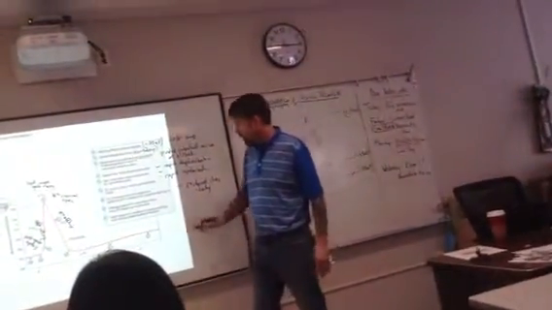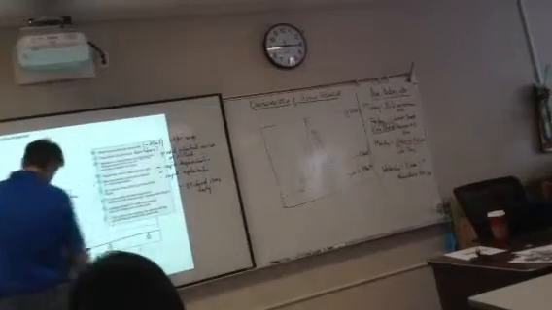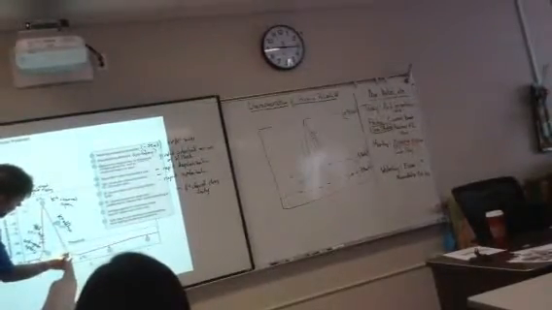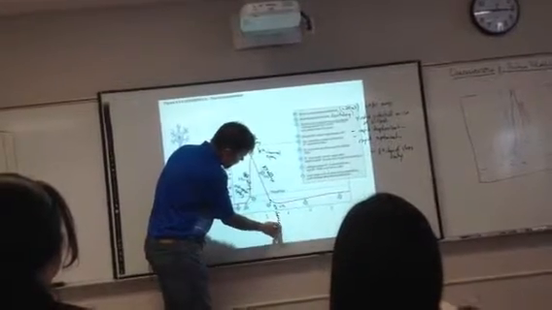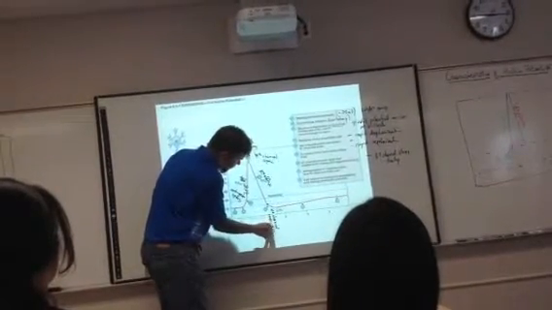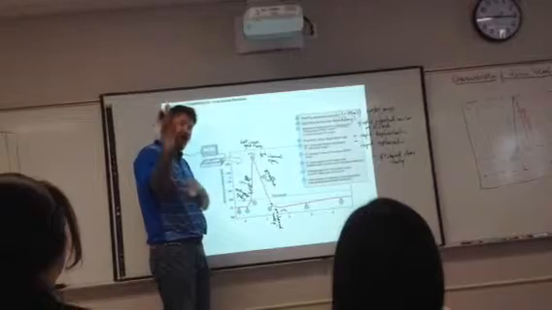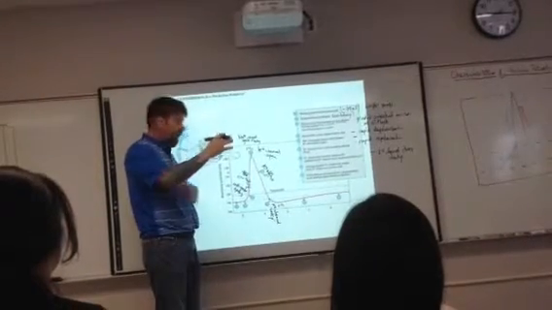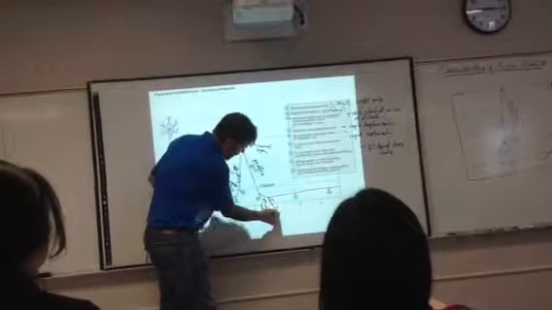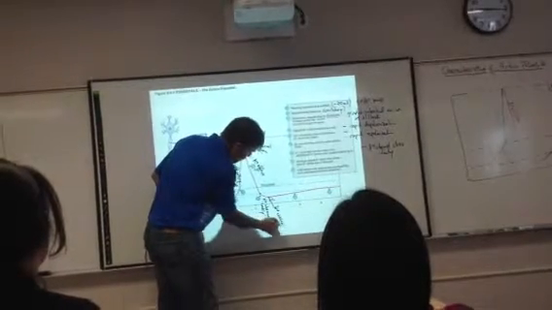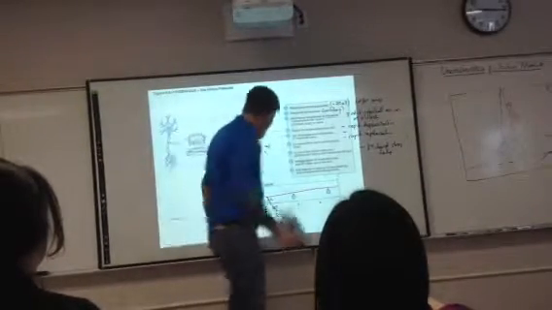Even at this point right here, the potassium channel is still leaking, meaning that the gate's not fully closed. And the gate doesn't fully close until this point right here. Potassium channel closed. But what happened at this point?